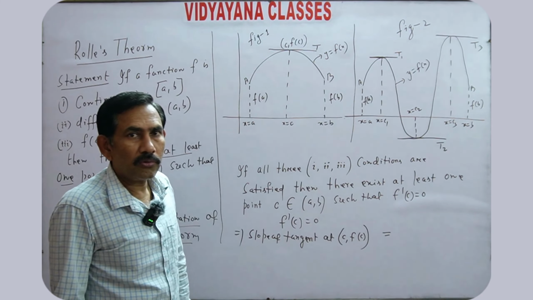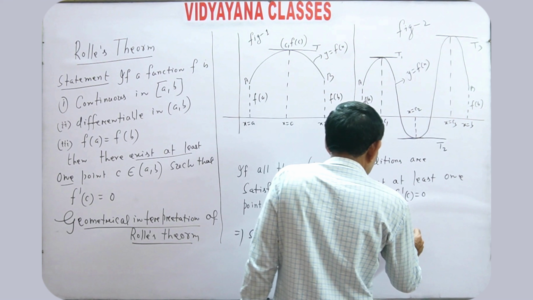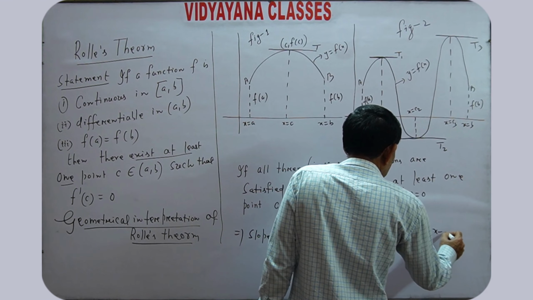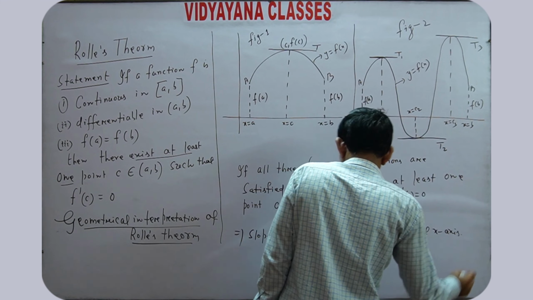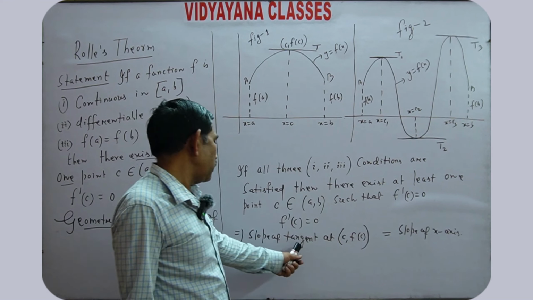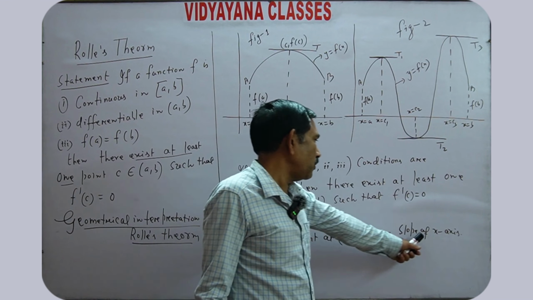What is 0? Slope of x-axis. Slope of tangent is equal to slope of x-axis.